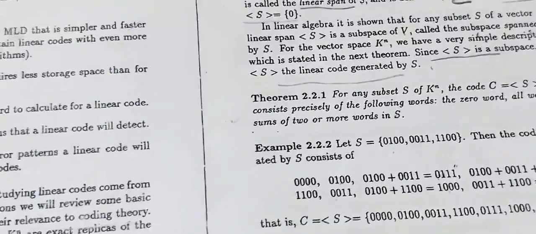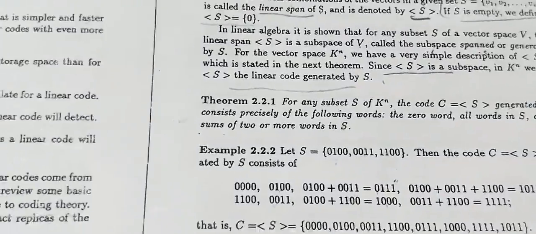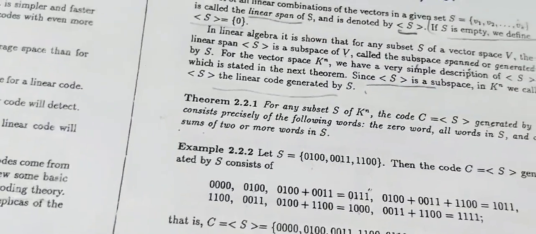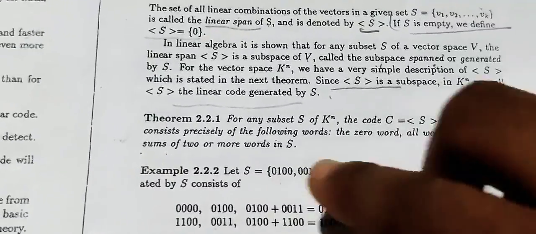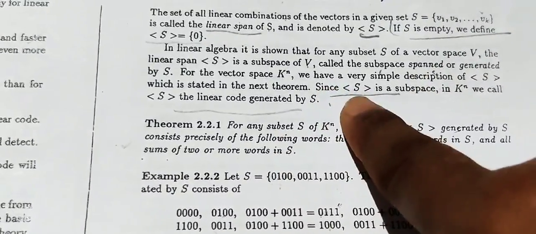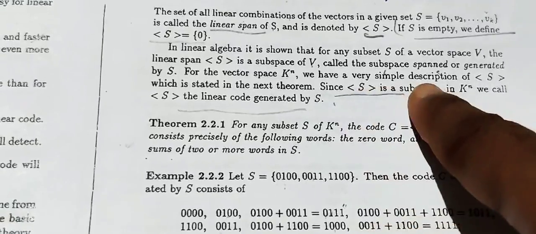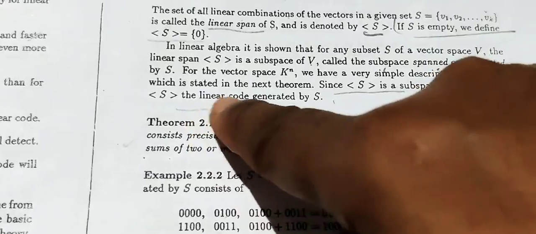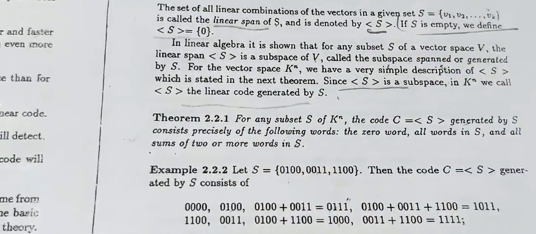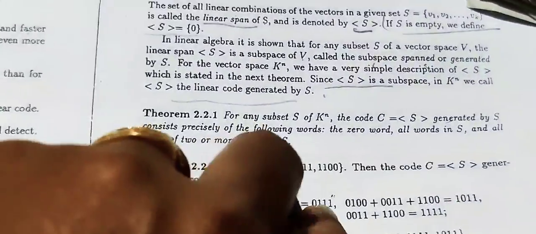Generally the subspaces are vector spaces. So here it is a subspace of K raised to n. Okay. Since span S is a subspace of K raised to n, span S is a linear code generated by S. So span S means it is the linear code generated by S. Okay, so this is the span S.